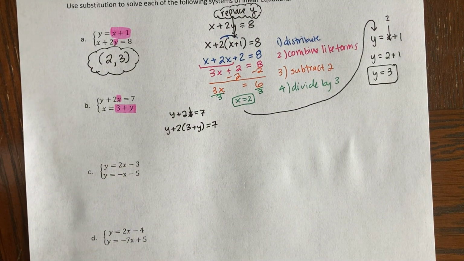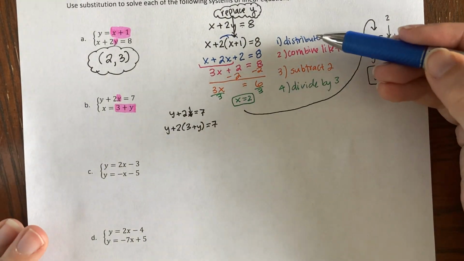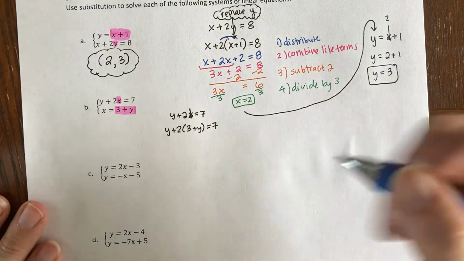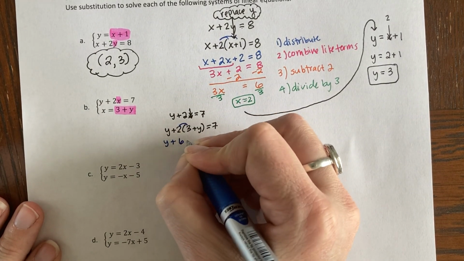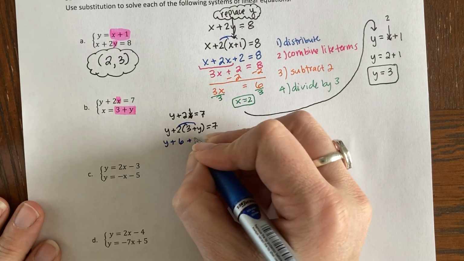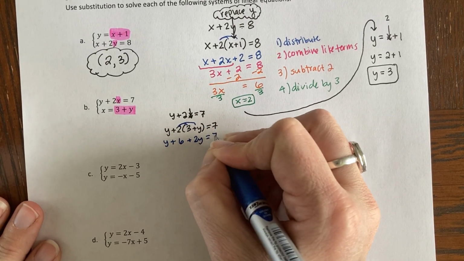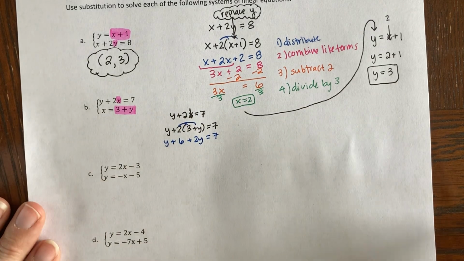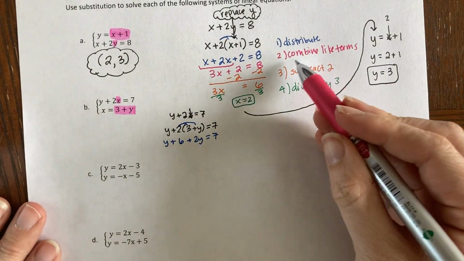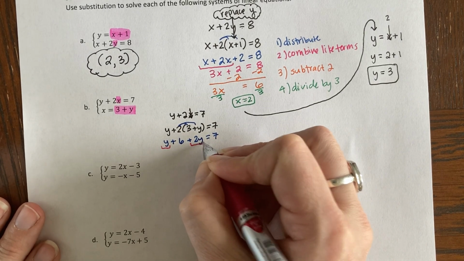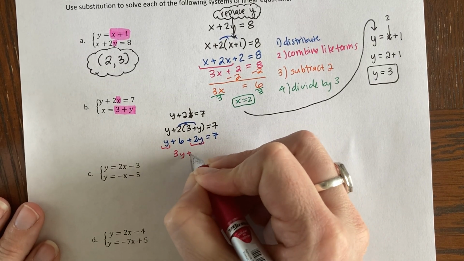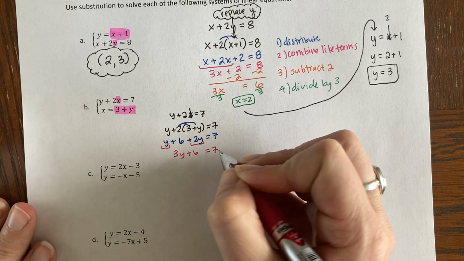I'm going to follow the same steps from above in the same colors. I distribute. 2 times 3 is 6. 2 times y is 2y equals 7. I combine like terms with the pink. A y and a y make 3 y's plus 6 equals 7.